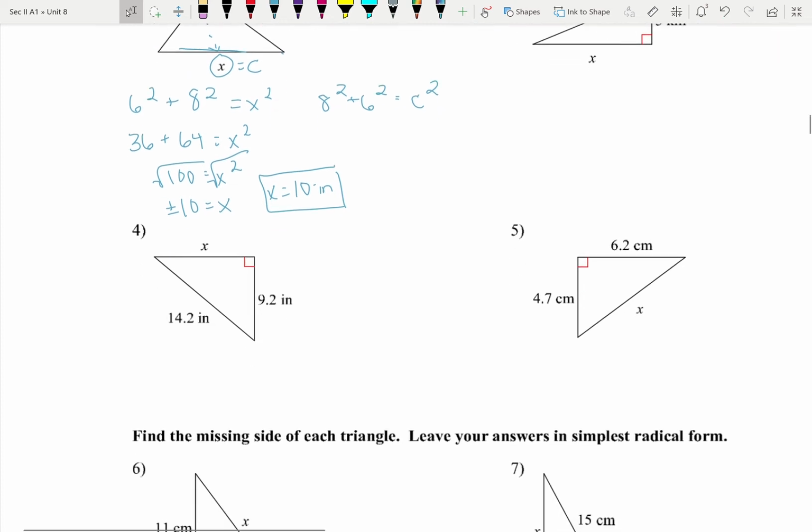So number 4, here's my right triangle. Directly across, here's my hypotenuse, so that's C. So if I go and write this in, I'm going to get x squared plus 9.2 squared equals 14.2 squared. And this one, our solving is going to be a little bit different because our variable is on the left side instead of on the right side. So let's simplify.